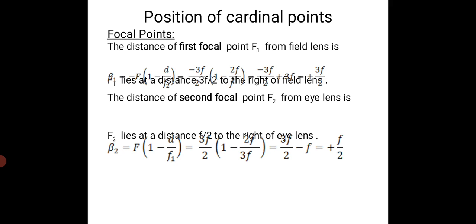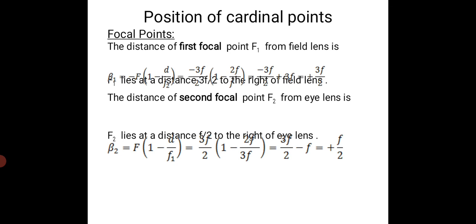Now come to another pair of cardinal points, that is the focal points. The distance of the first focal point F1 from the field lens is beta 1 = -f(1 - d/f2). Substituting the values of f, d, f2, we get plus 3f/2. So, F1 lies at a distance 3f/2 to the right of the field lens.